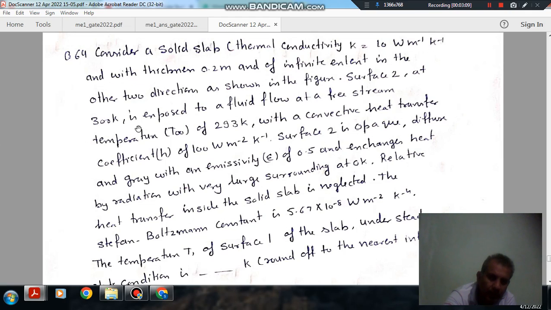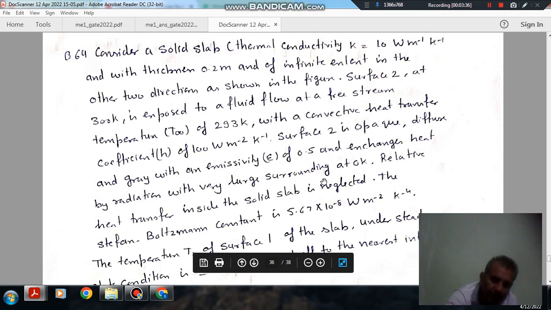Surface 2 at 300 Kelvin is exposed to a fluid flow at a free stream temperature T infinity of 293 Kelvin with a convective heat transfer coefficient h of 100 watt per meter square per Kelvin. Surface 2 is opaque, diffuse and grey with an emissivity of 0.5 and exchanges heat by radiation with a very large surrounding at 0 Kelvin.